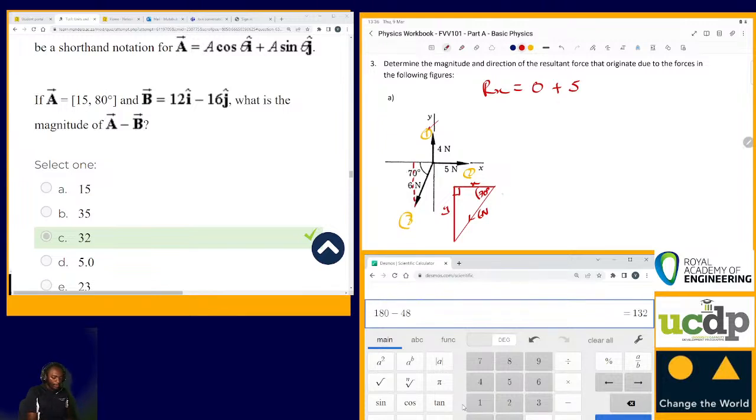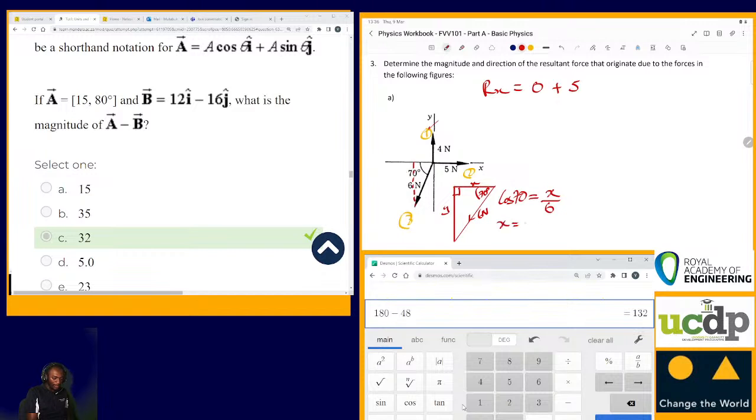So cos 70 is equal to our adjacent, which is x, over the hypotenuse, which is 6 newtons.